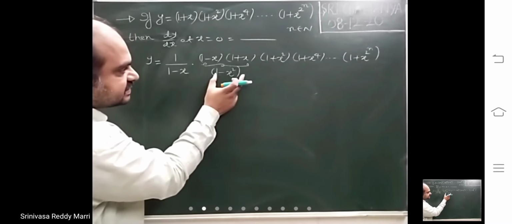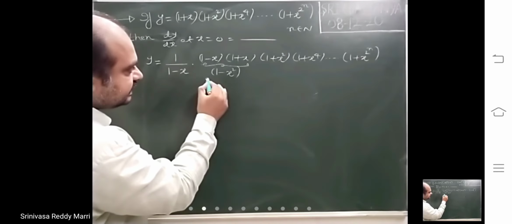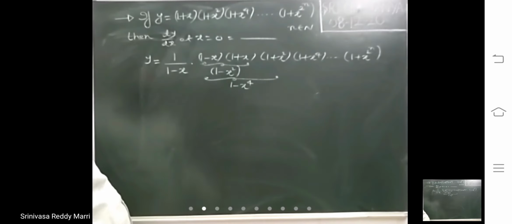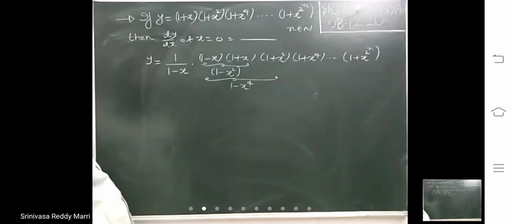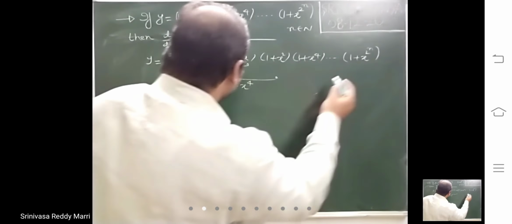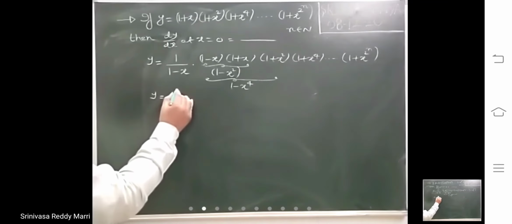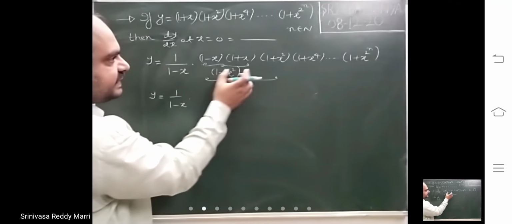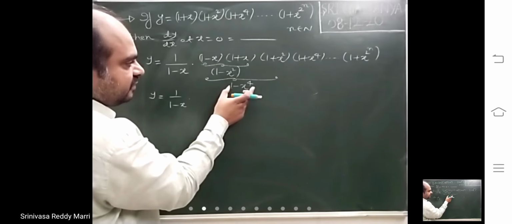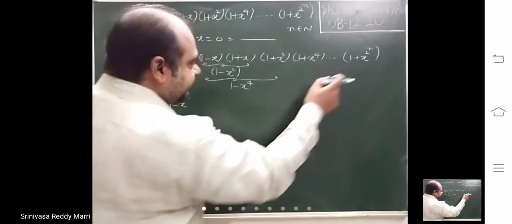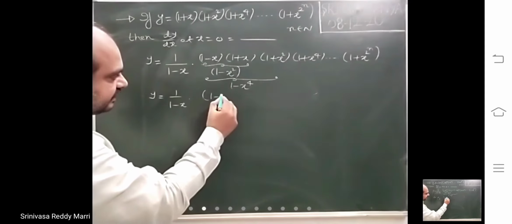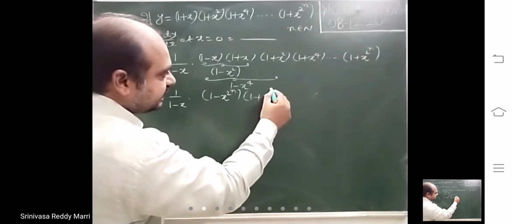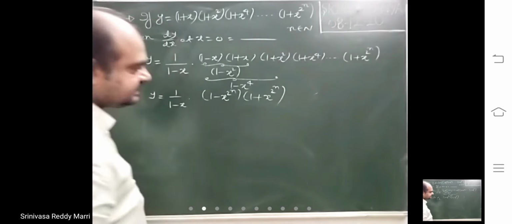Then before 1 plus x square, you will get 1 minus x square. That means till three terms, it is 1 minus x square whole square. Before 1 plus x power 4 you got 1 minus x power 4. That means before the last term you will get 1 minus x power 2n. If you keep on clubbing the terms, you will get like this.